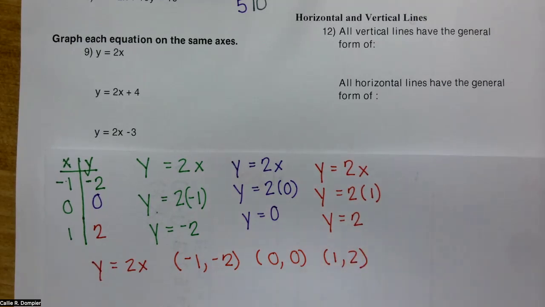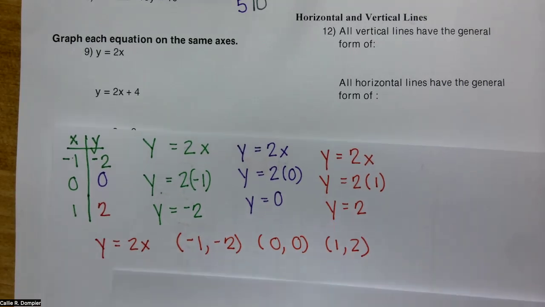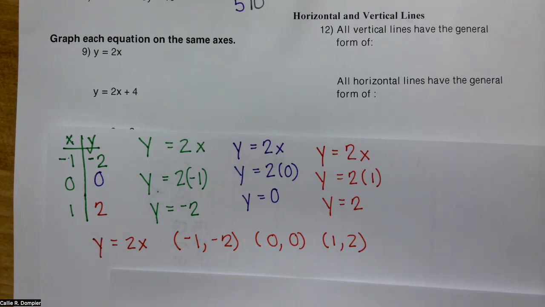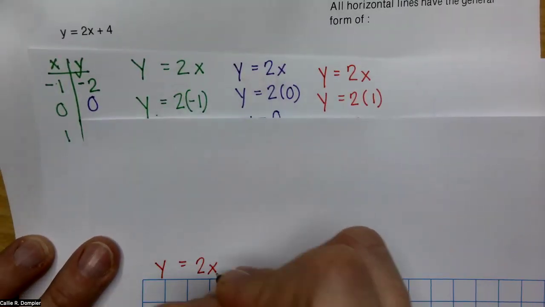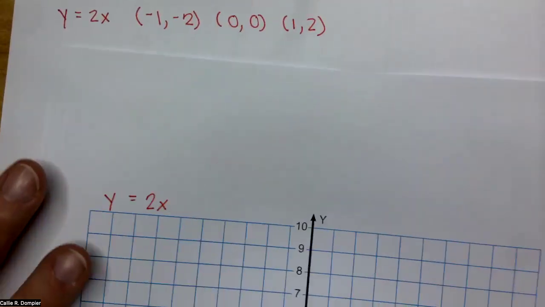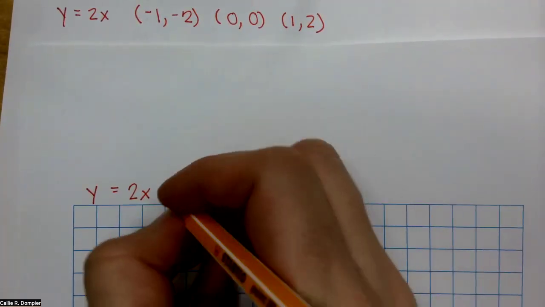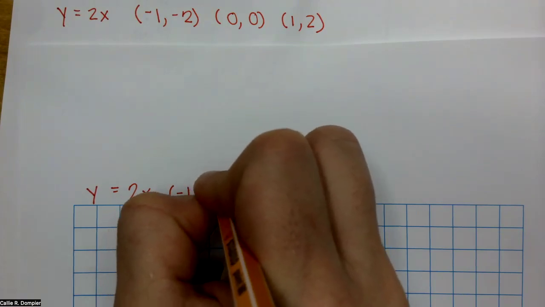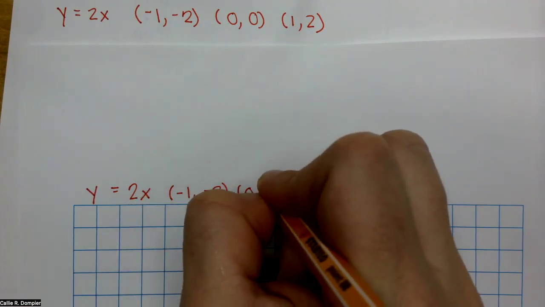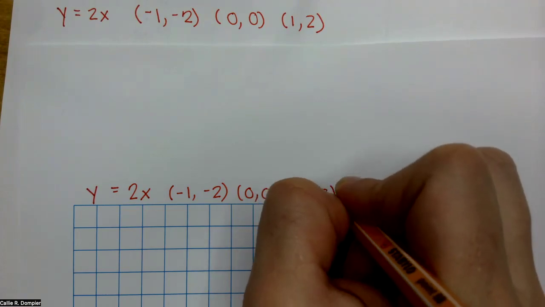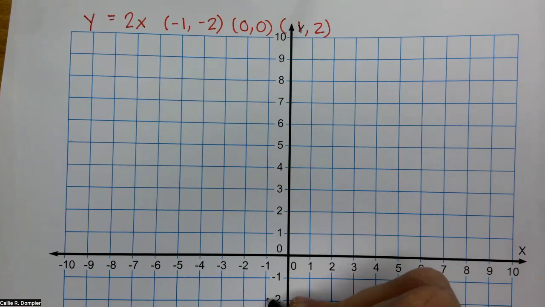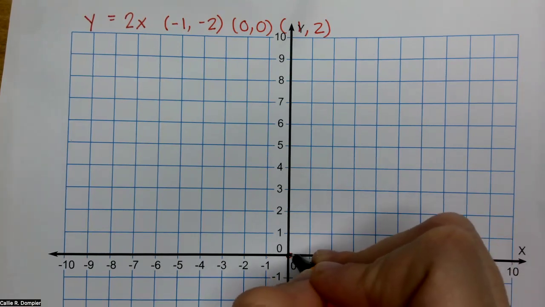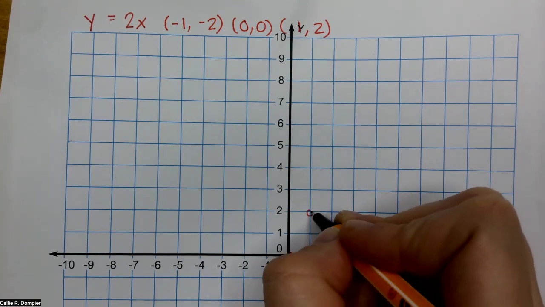Good? All right. Y equals 2x uses the points -1, -2, 0, 0, and 1, 2.